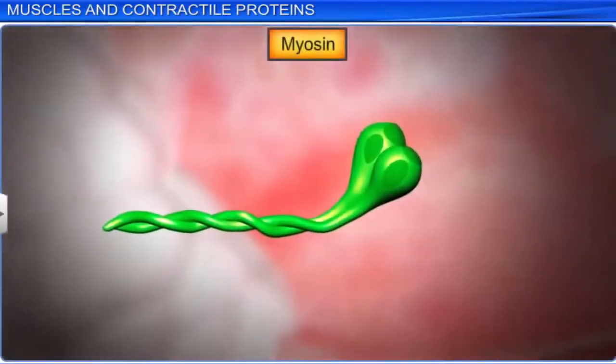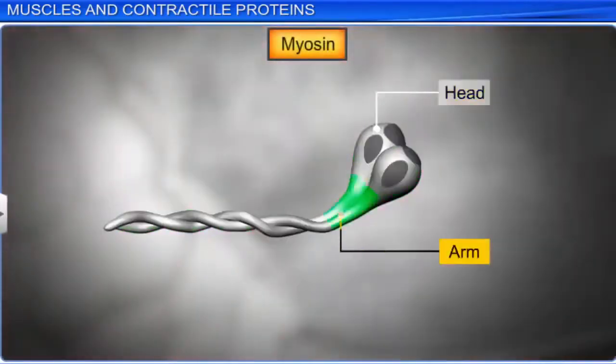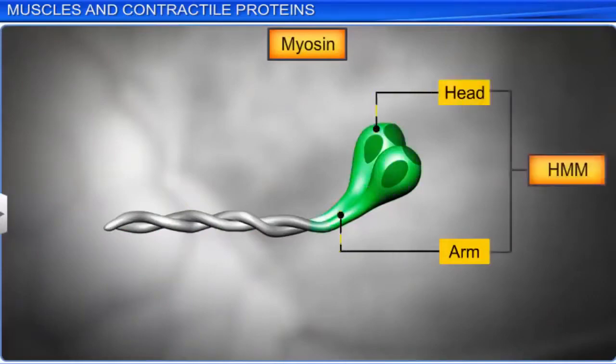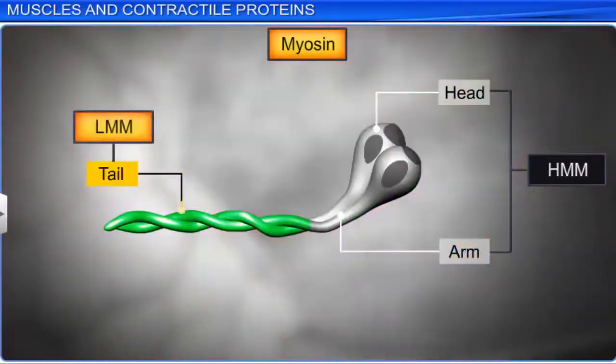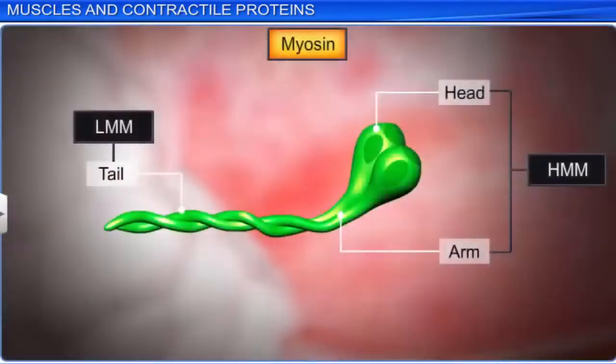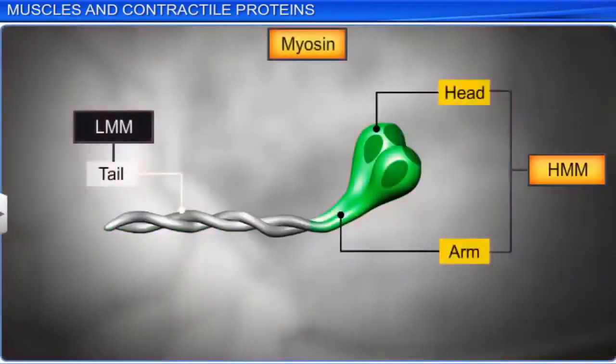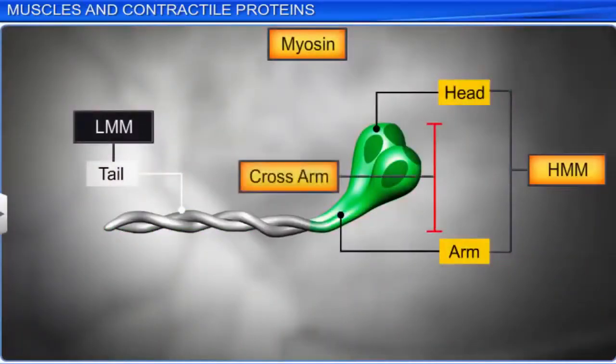However, the globular head and arm is heavier than the tail and is therefore called heavy meromyosin or HMM, while the tail is called light meromyosin or LMM. The HMM component projects at regular distances at an angle from the surface of the myosin filament and is called the cross-arm.